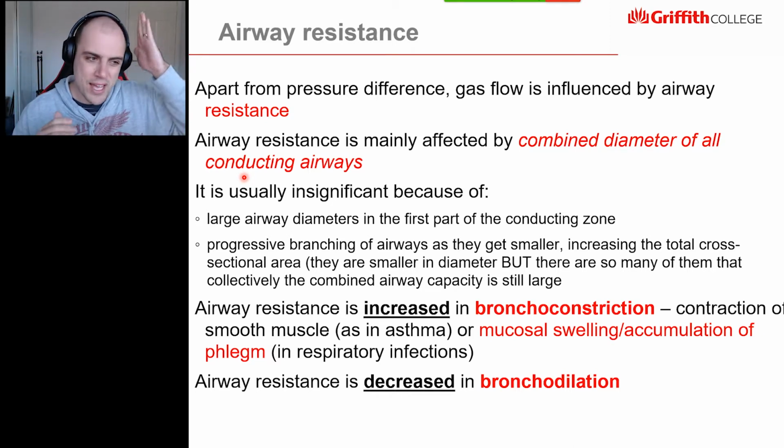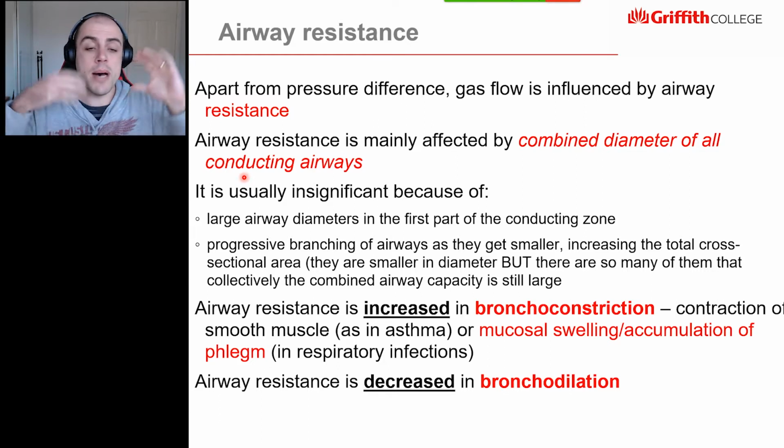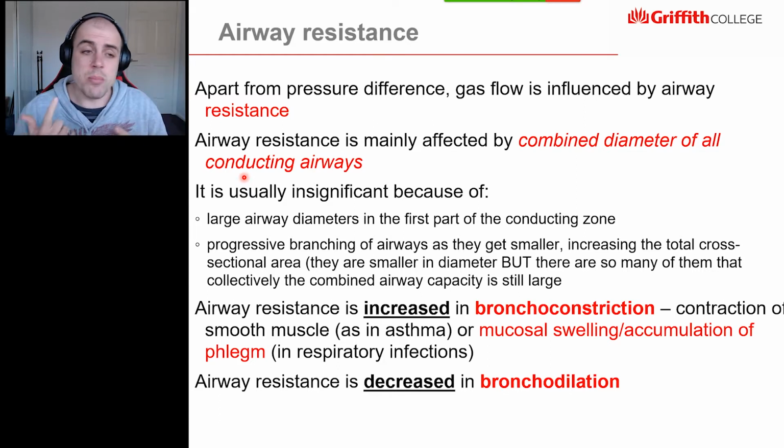If we compare just one bronchiole to the trachea, the bronchiole has way more airway resistance, and there's no way it can move as much air. But we keep in mind that it's not just one bronchiole. We have heaps and heaps of them. So collectively we can still move plenty of air.